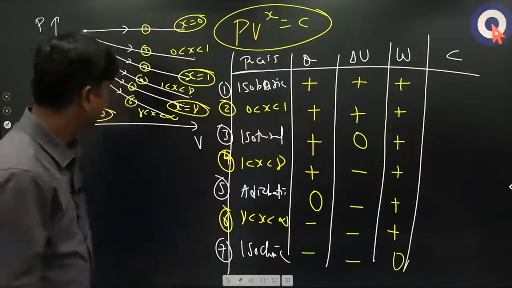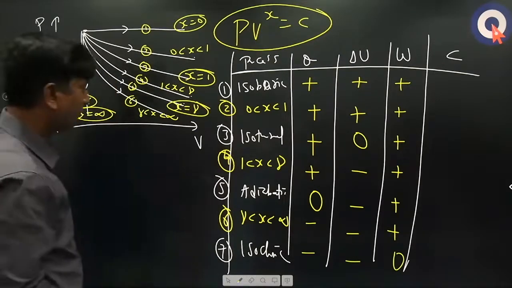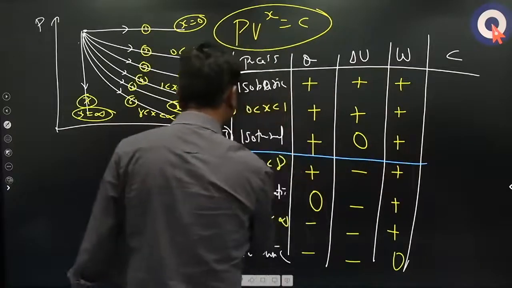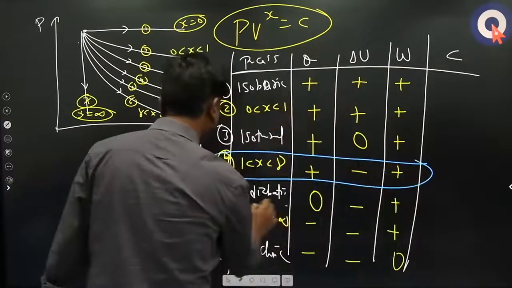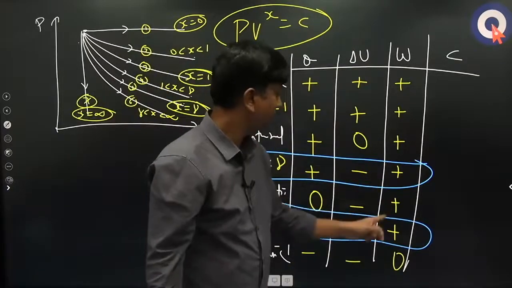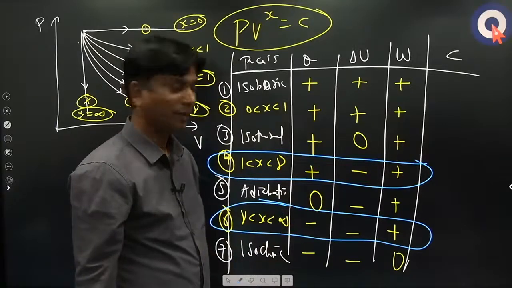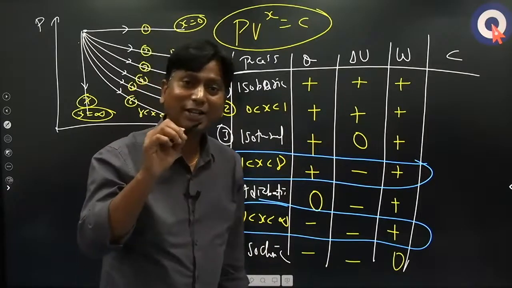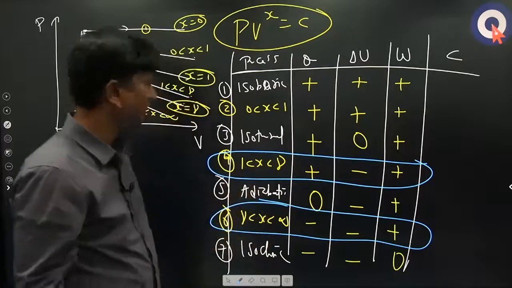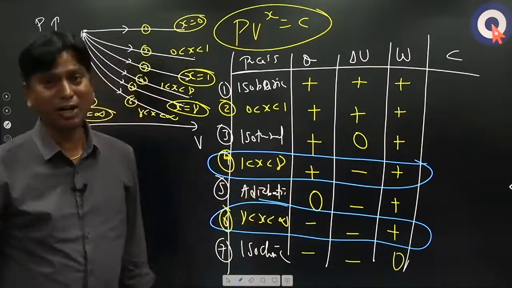That's all. And mostly they will be touching this fourth one and sixth one. We should know this, because here it is minus, plus, and there it is plus, minus. So you only have to check whether the value of x is less than gamma or greater than gamma, and how it behaves in each case.